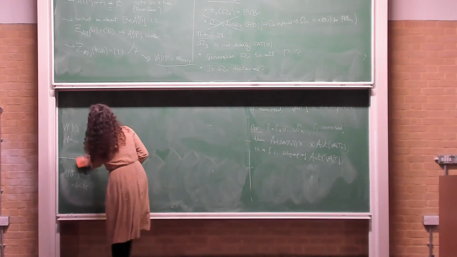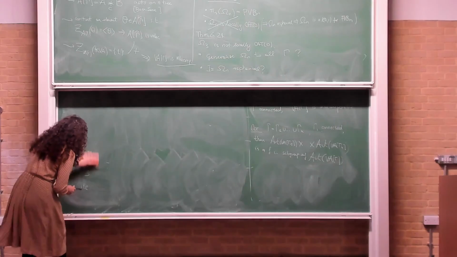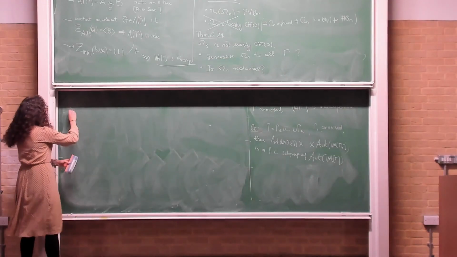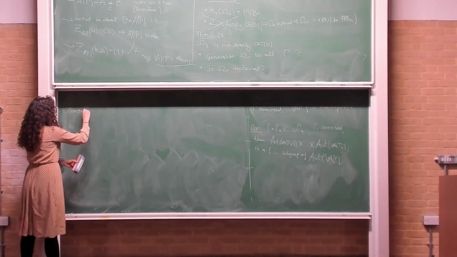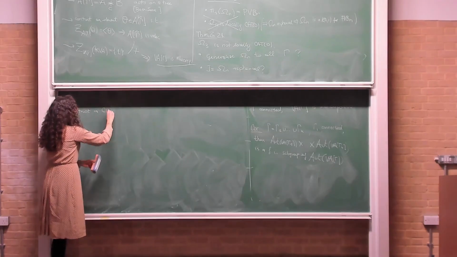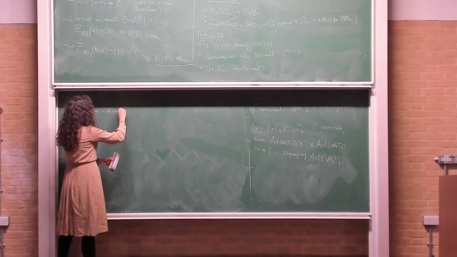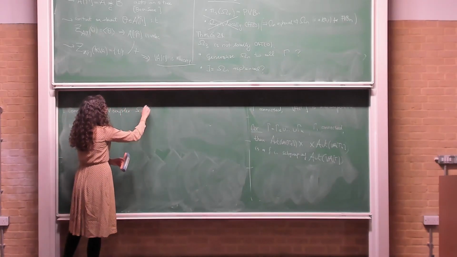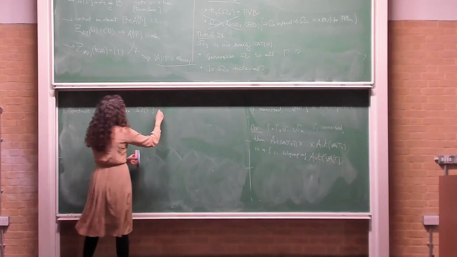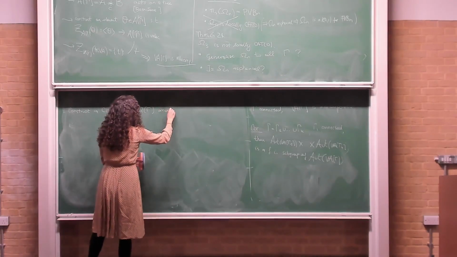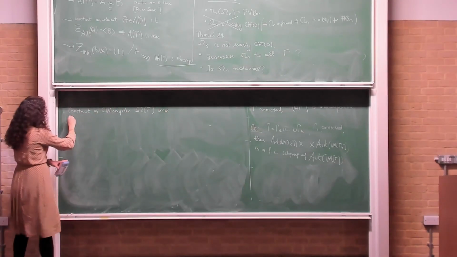And so essentially what we do is we construct a cell complex omega gamma, and we show the following.